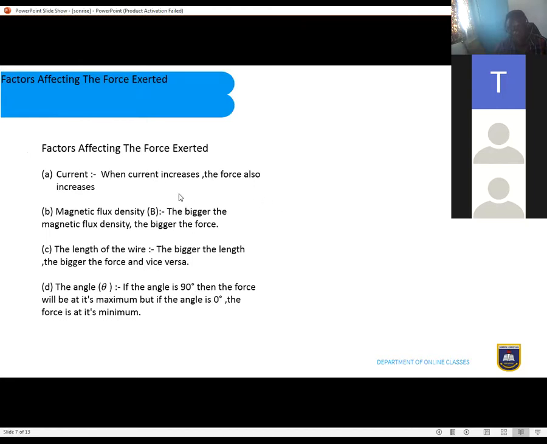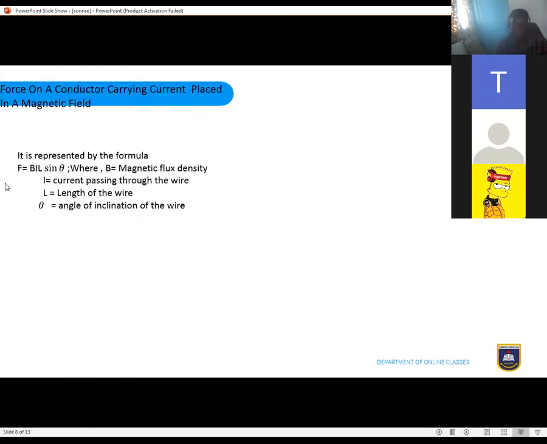So let's look at the factors affecting the force being exerted. Going back to the formula, F is directly proportional to the magnetic flux density, the current, and the length of the wire, because F equals BIL.